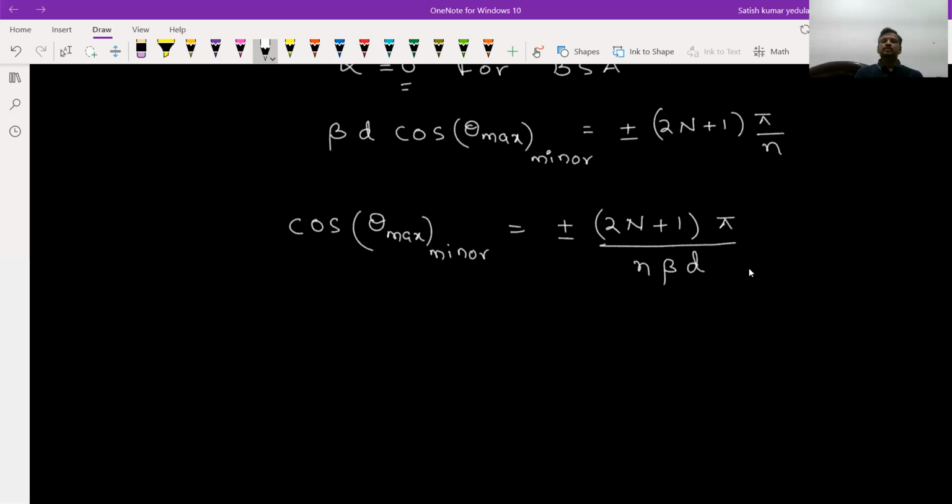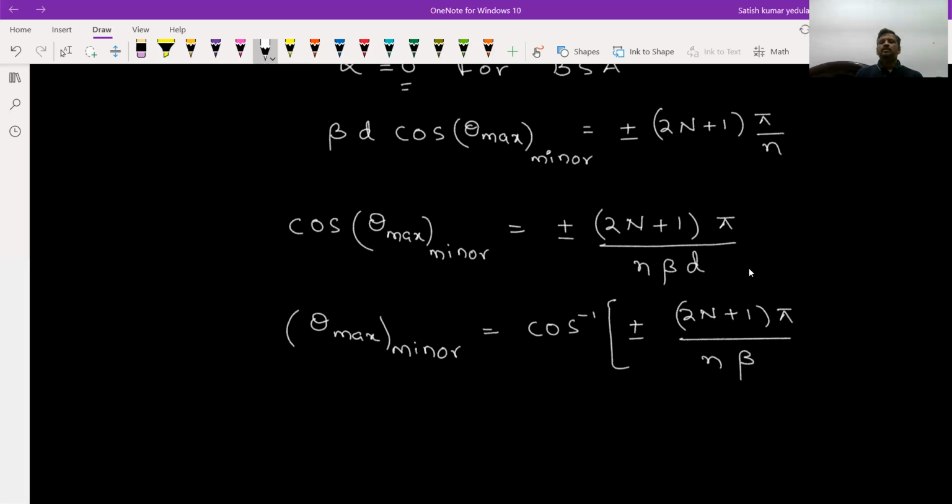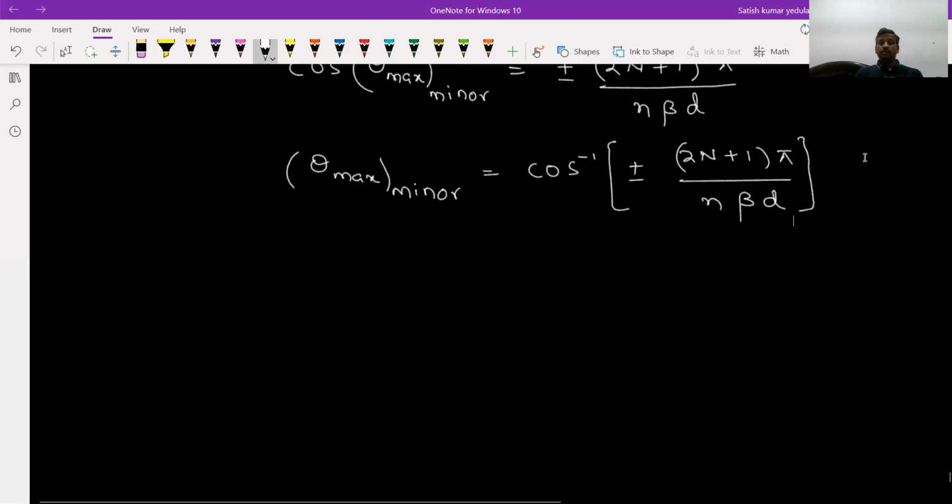So this is one way of remembering. Either you stop here or else theta maxima of minor will be equal to cos inverse of plus or minus 2n plus 1 into pi by n beta d. You can simplify, or you can remember it like this.